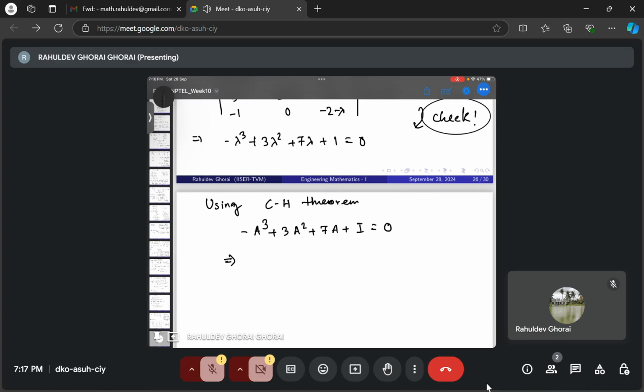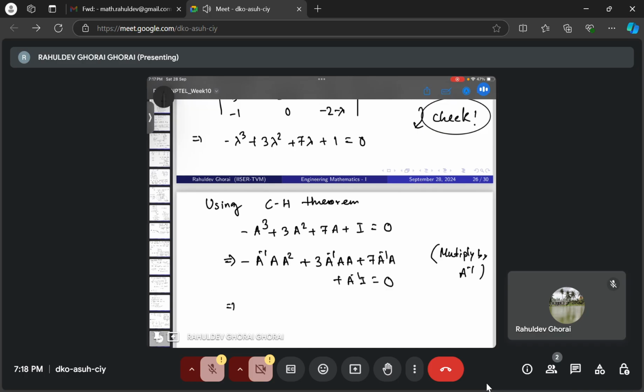That implies now you multiply by A inverse, right? Then what will happen? A inverse times A cubed, which you can write as A inverse A times A squared, plus 3 A inverse A times A, you write it like this, plus 7 times A inverse A, plus A inverse times identity is equal to 0.